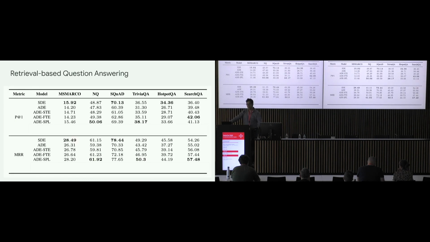And what we saw is that sharing embeddings doesn't really help. The performance is very, very similar to the asymmetric dual encoder, but sharing the projection layer makes the asymmetric dual encoder perform as well as the symmetric dual encoder. They're pretty much indistinguishable.